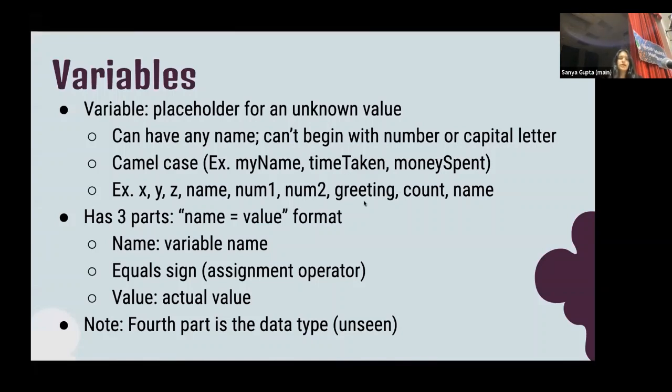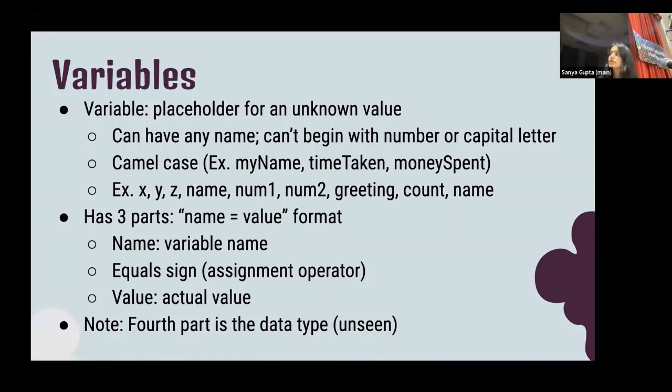Variables in Python have three parts. It's different for more advanced programming languages, but in Python, variables have the variable name, the assignment operator, which is the equal sign, and the actual value that you're assigning to the variable name.